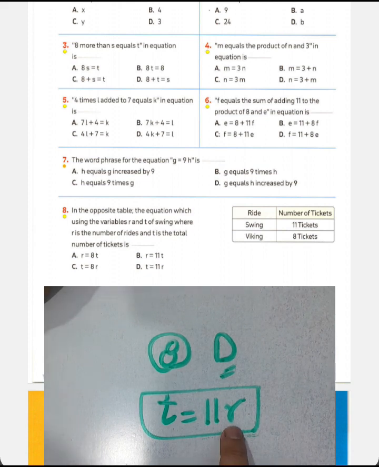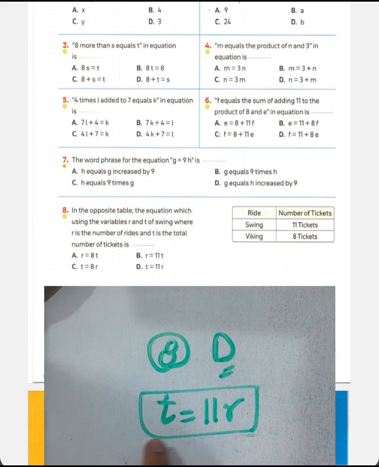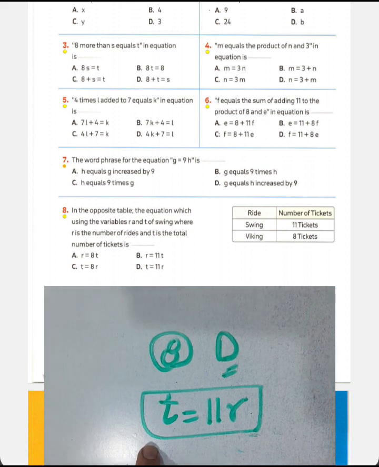If R equals 1, then T equals 11 times 1 equals 11. Or if R equals 2, then T equals 11 times 2, and so on. Then the variable R refers to the number of swings, but T refers to the total number of tickets. Okay, choose letter D about question 8.